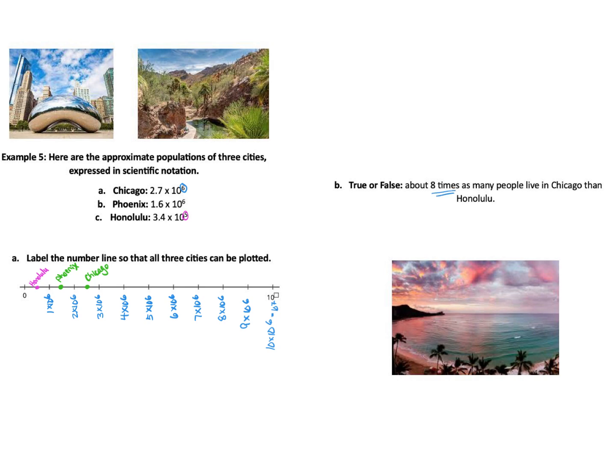So for us to do it backwards, we're going to do the opposite of times. That's divide. So if we look at it, Chicago is bigger because it has an exponent of 6. Honolulu has an exponent of 5. So we're going to take Chicago and divide it by the smaller.